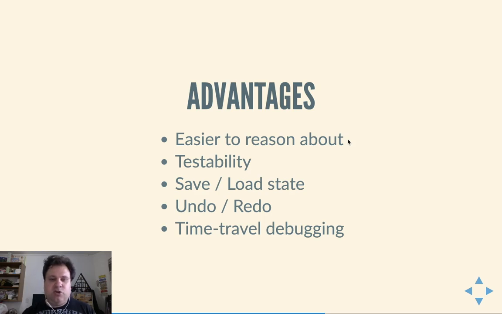This is also used to implement a feature that's become very popular with Redux, which is time travel debugging: the ability to go back and forth in your application state to try and reproduce its many states and help you in debugging.